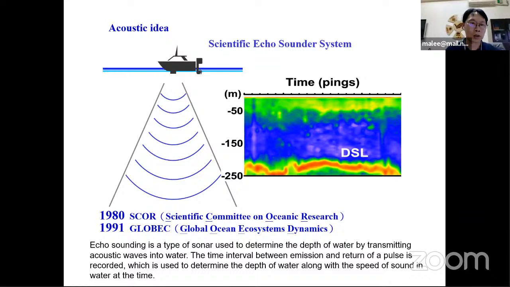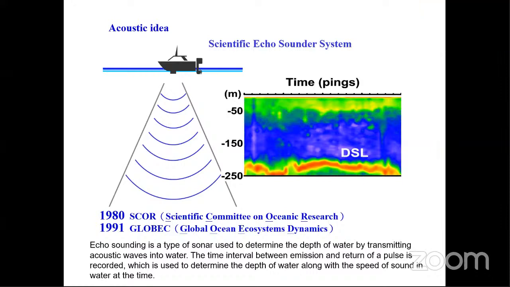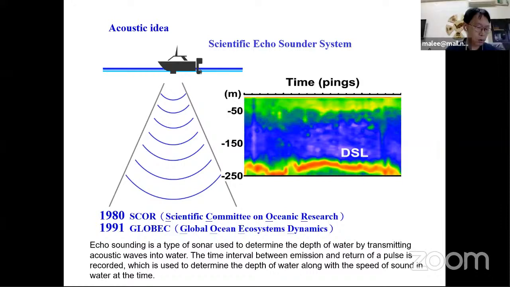They suggest acoustics is a good academic tool to try to evaluate ecosystem dynamics. Like in this figure, we can mount the acoustic system on the research vessel or the fishing vessel.